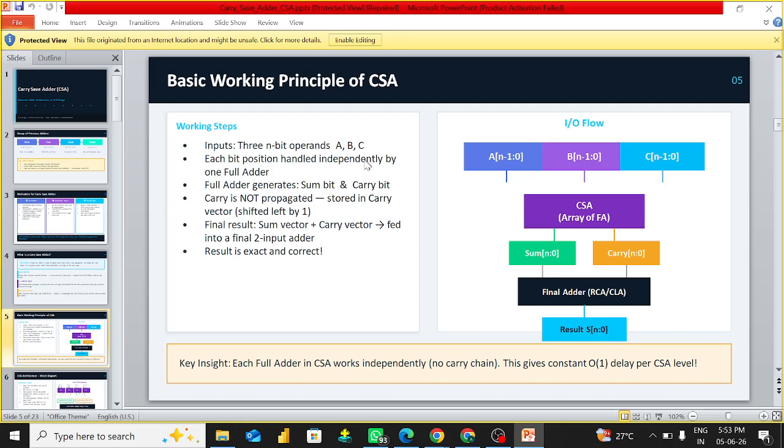What is the meaning of every bit being handled independently by one full adder? A of 0, B of 0, C of 0 is going to be handled by one adder, and A of 1, B of 1, C of 1 will be handled by another adder. This is the meaning of every bit being handled independently by one full adder.